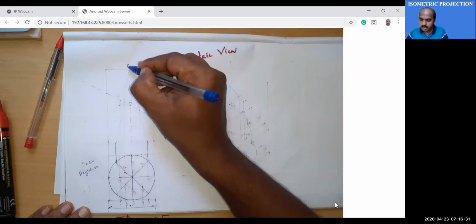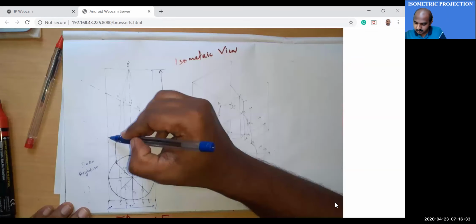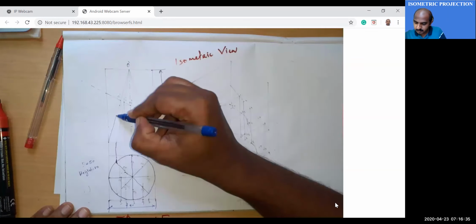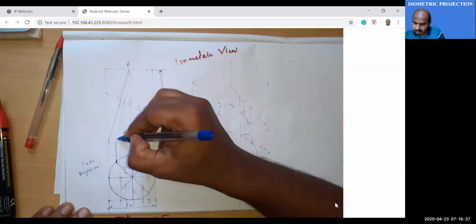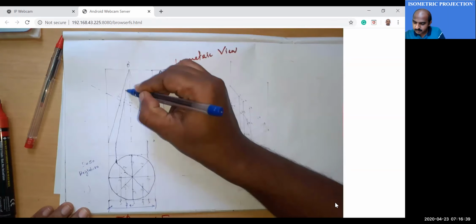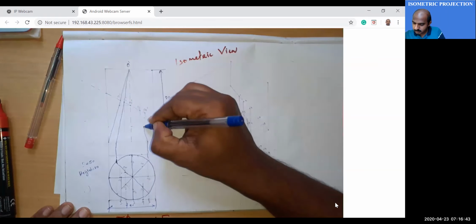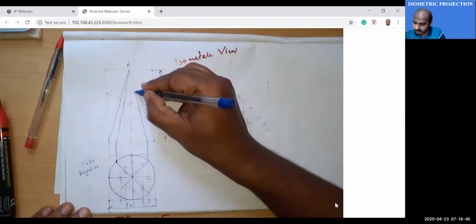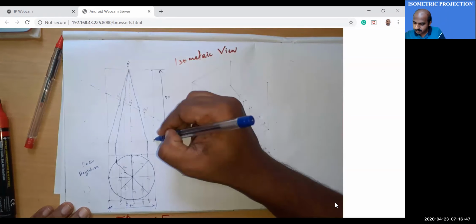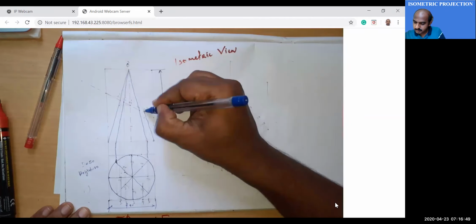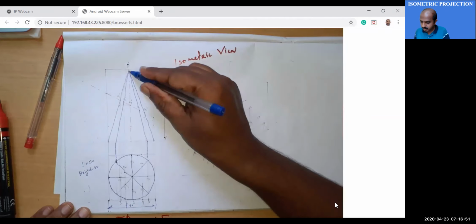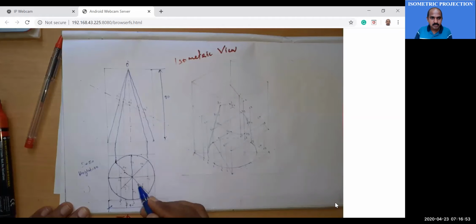Suppose it is O dash. So you connect from the base point to the apex. We have a total of 8 sections, dividing the circle into 8 equal parts, to transfer those points.